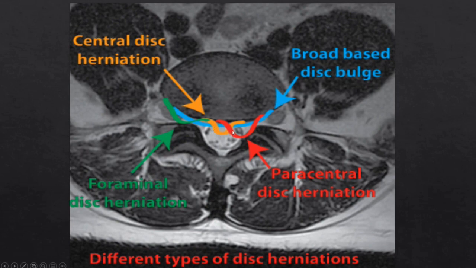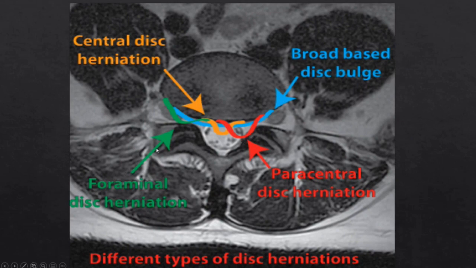And a paracentral, which is probably the most common, is just off of midline, and it's in this space that is called the lateral recess. And you can see why if a disc herniates in this area, it can push the nerve up underneath the lamina and compress the nerve into that space.